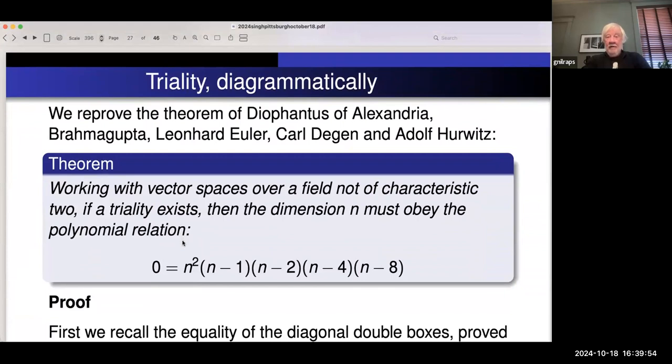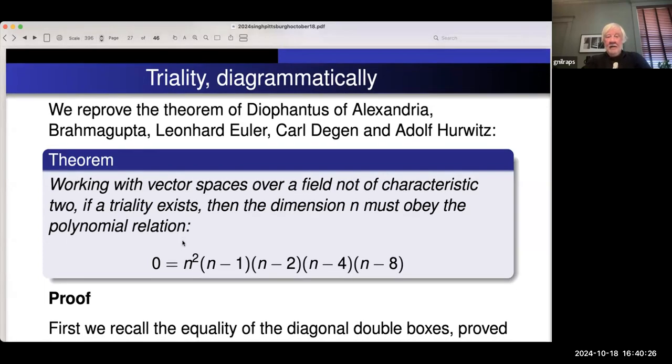All of these people were involved in working with things like sums of squares and relations, such as, for example, the ones that come up in complex number theory, where you have the length of z times the length of w is the same as the length of z times w, that kind of formula. So that's basically an underlying feature of triality.